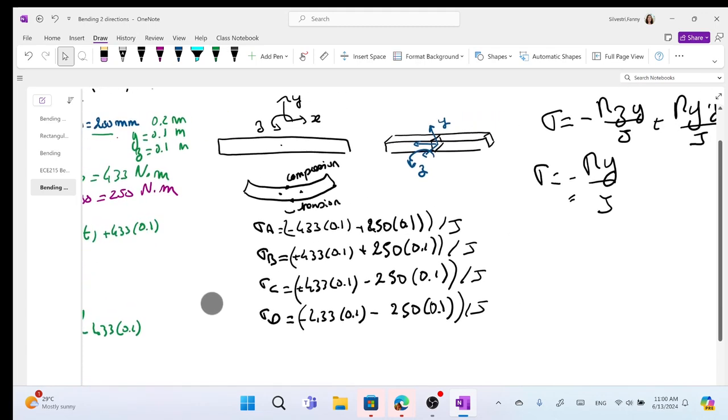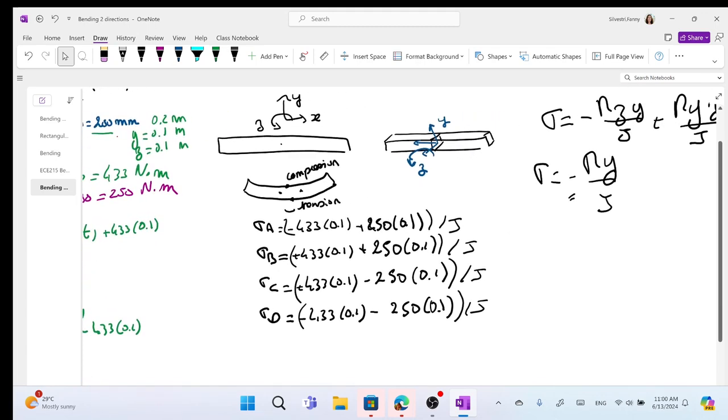Okay, so let me replug my data correctly. We got minus 137,260 Pascal. That is equal to minus 137 kilopascal.